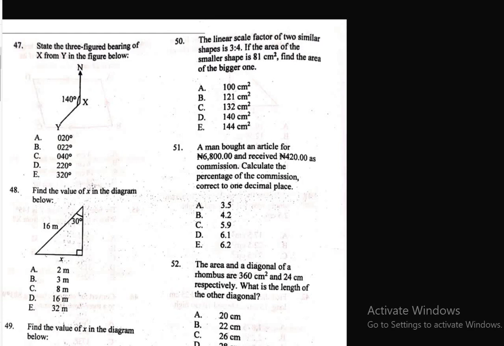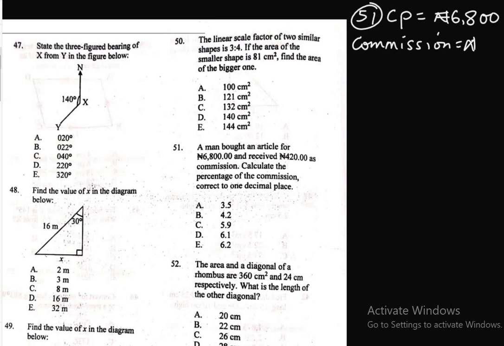Question 51 says, a man bought an article, that's cost price, bought an article for 6,800 and received a commission of 420 naira.